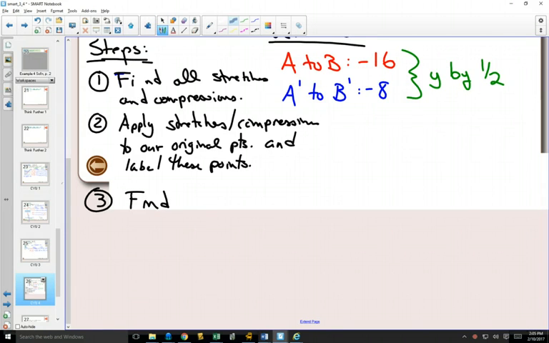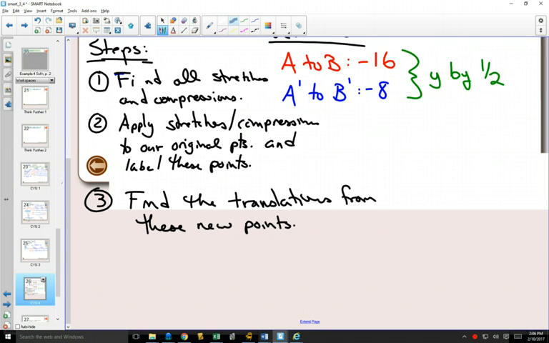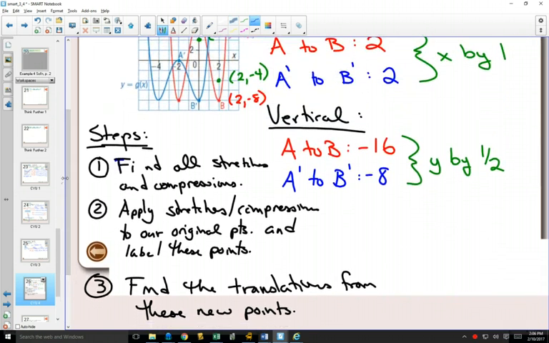Step 3, we're going to find the translations from these new points. So we've labeled those new points after those stretches and compressions. Because if we think going from left to right, we always did stretches and compressions first and then translations next.